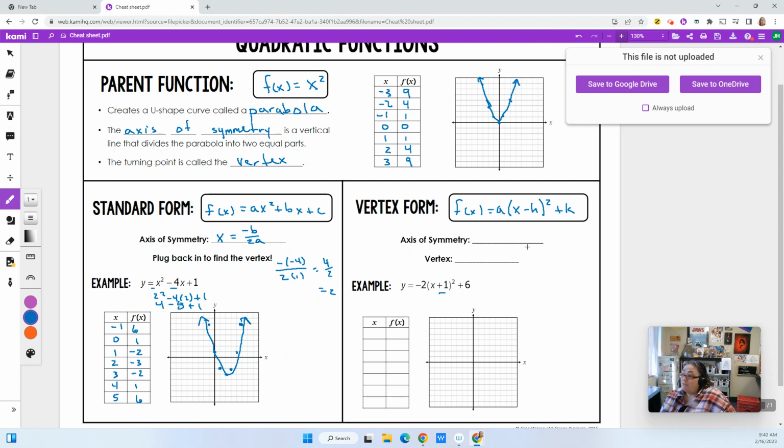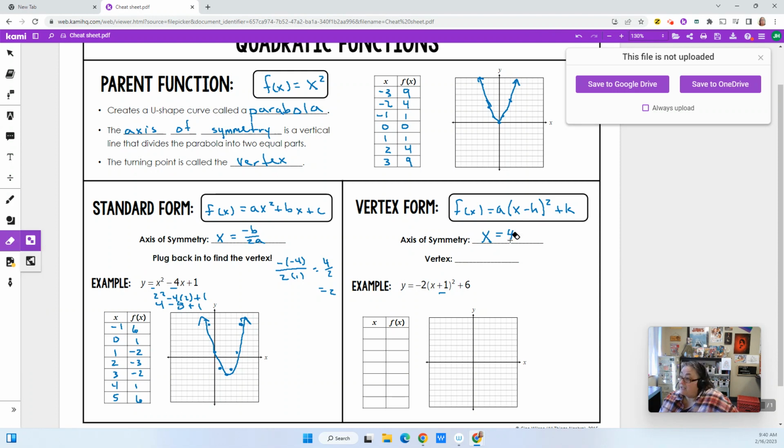The axis of symmetry is h, right? It's whatever h is, not negative h. So if h is 4, if this says x minus 4, x would equal 4. If it said x plus 4, we would know it's negative 4 because it would have changed the sign.